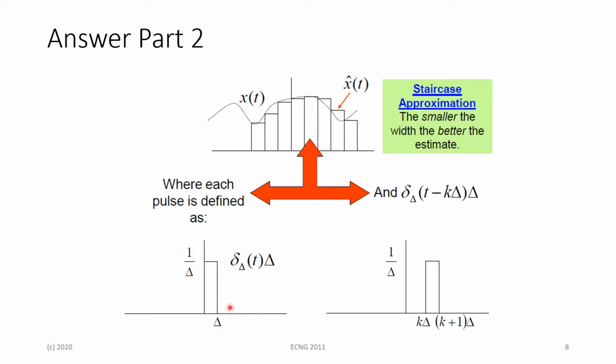Because for the first rectangle, if k was 0, this x point is going to be 0, and then because k is 0, this will be 0 plus 1 multiplied by delta, which just gives us delta. So the k index basically represents which rectangle you're dealing with, and the x-intercepts for those particular rectangles.